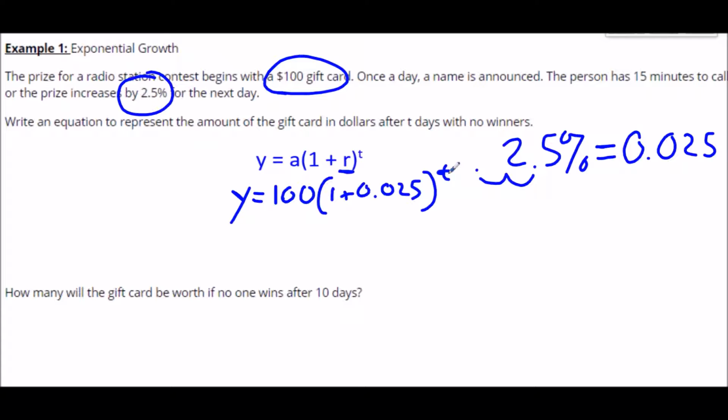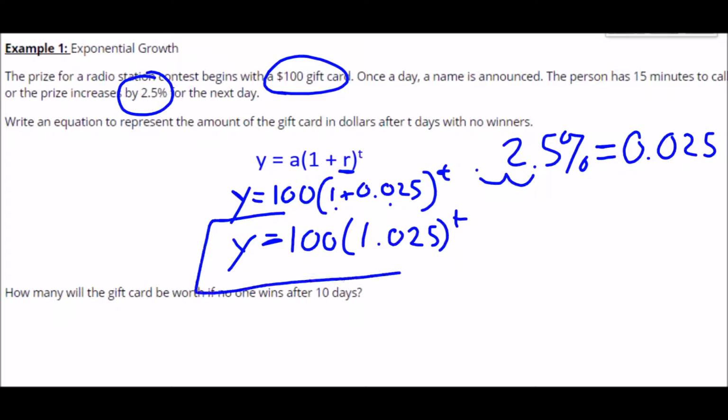This would not be my final answer, but we could still use the 100 and simplify the 1 plus 0.025. Adding this together would be 1.025 to the t power. And this would be my final answer, the equation to model this situation.